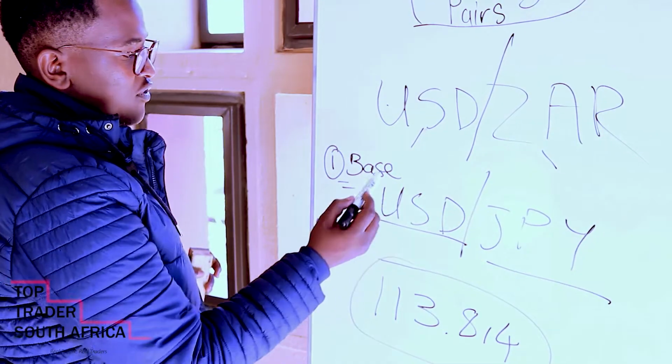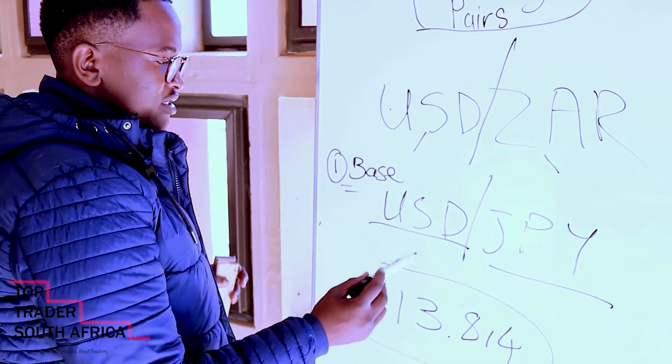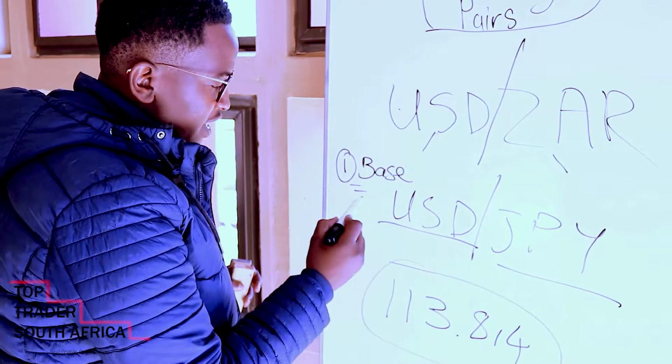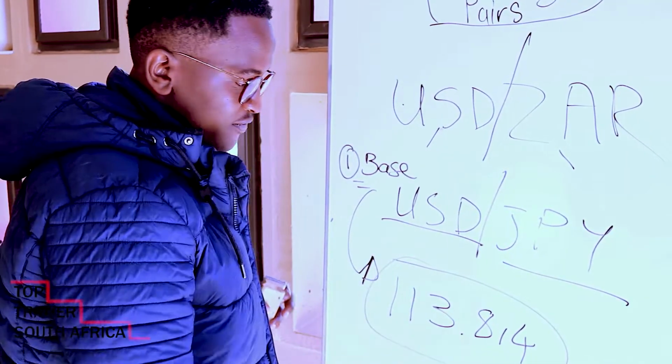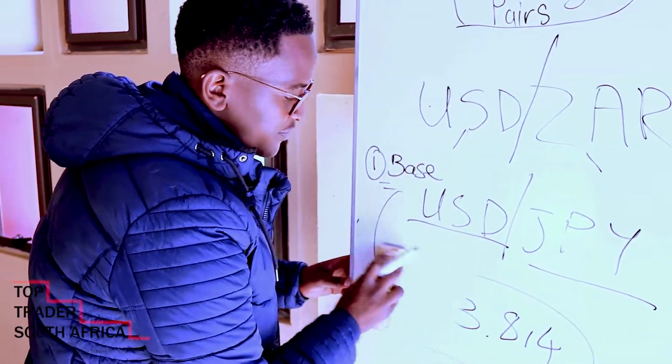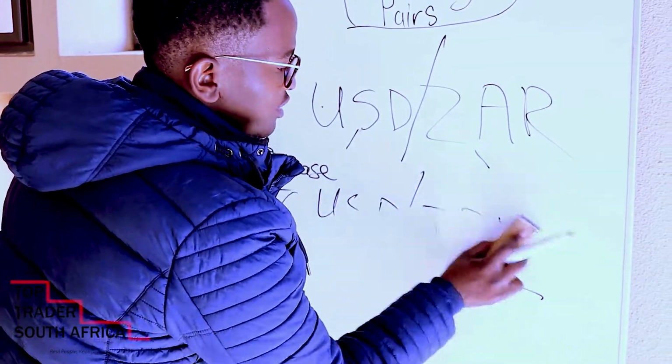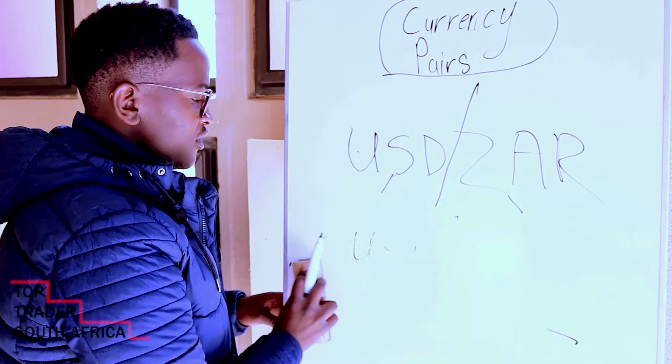So when I have $1 US, that means I have 113.814 JPY.